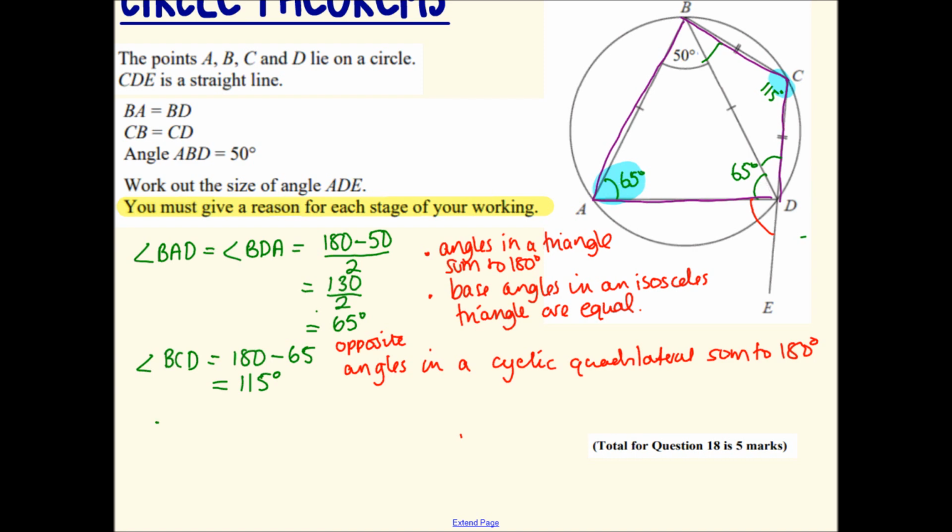So we can say that angle CDA is equal to 180, take away 115, and then divided by 2. So 180 take away 115 is going to give us 65, and then we're going to half that, which is going to give us 32.5 degrees.